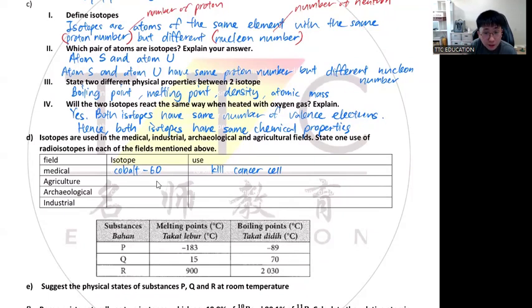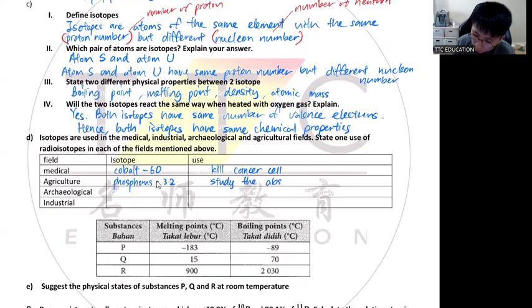In terms of agriculture, meaning for plantation, we have this one called phosphorus-32. And this one is to actually do what? We study the absorption. So study absorption of what? For plantation, we have one thing called fertilizers.